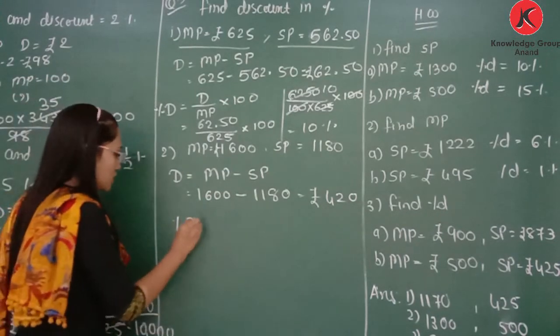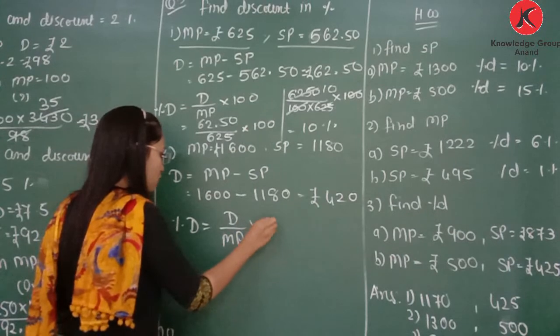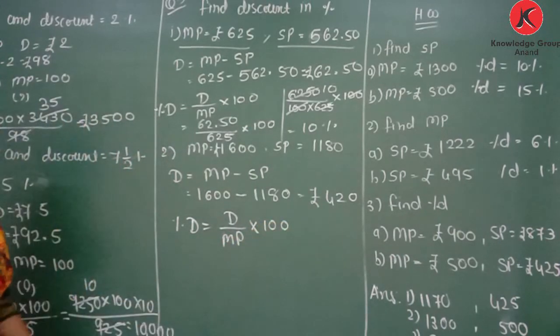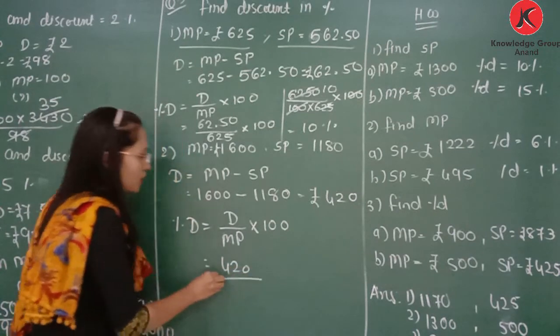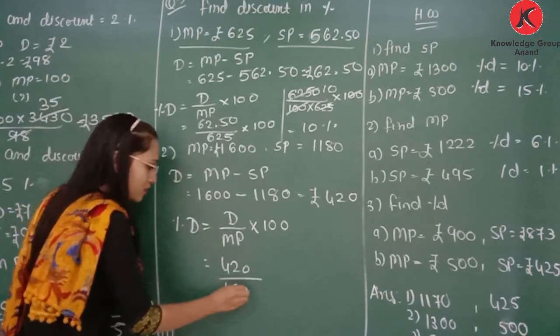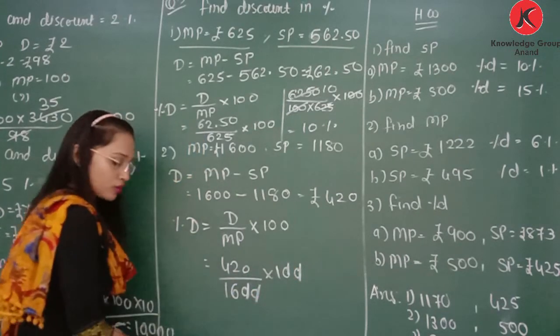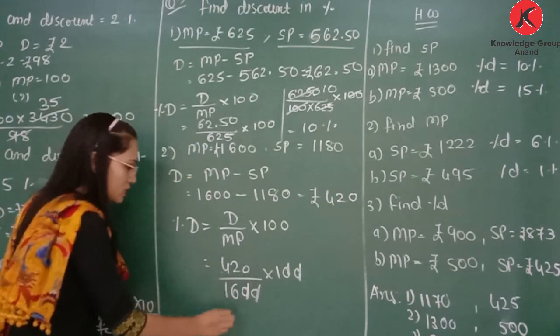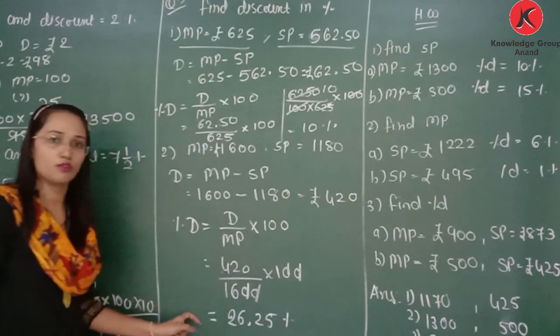So percentage discount is equal to discount divided by mark price multiply 100. Now discount is 420, so we can write 420. Mark price is 1600 multiply 100. We can cancel this 0. If you divide 420 by 16, you will get 26.25%. That is our discount percentage.